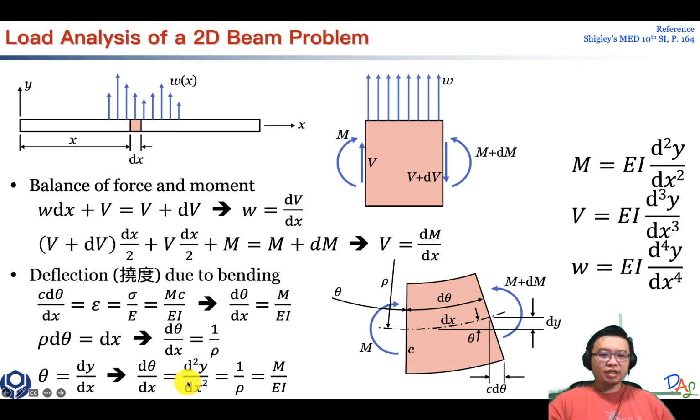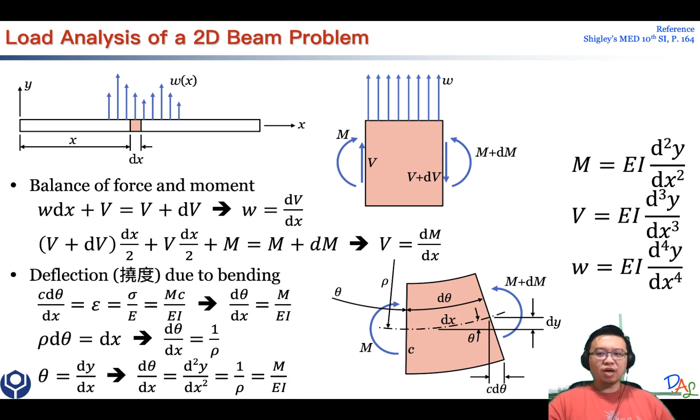And due to the equation we have earlier, this is 1 over rho, and from the other equation, d theta over dx also equals M over EI.